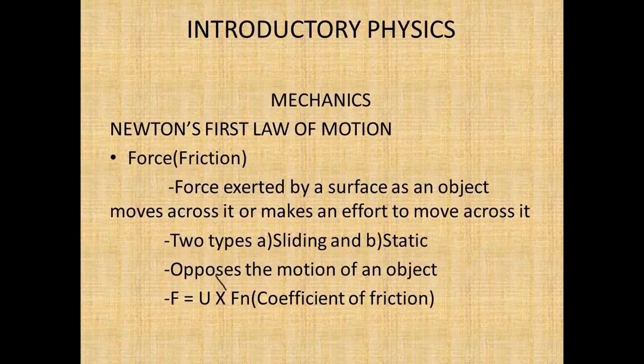Okay? And the definition for friction is: the frictional force between two surfaces is equal to mu times the normal force. Mu is what we call the coefficient of friction.